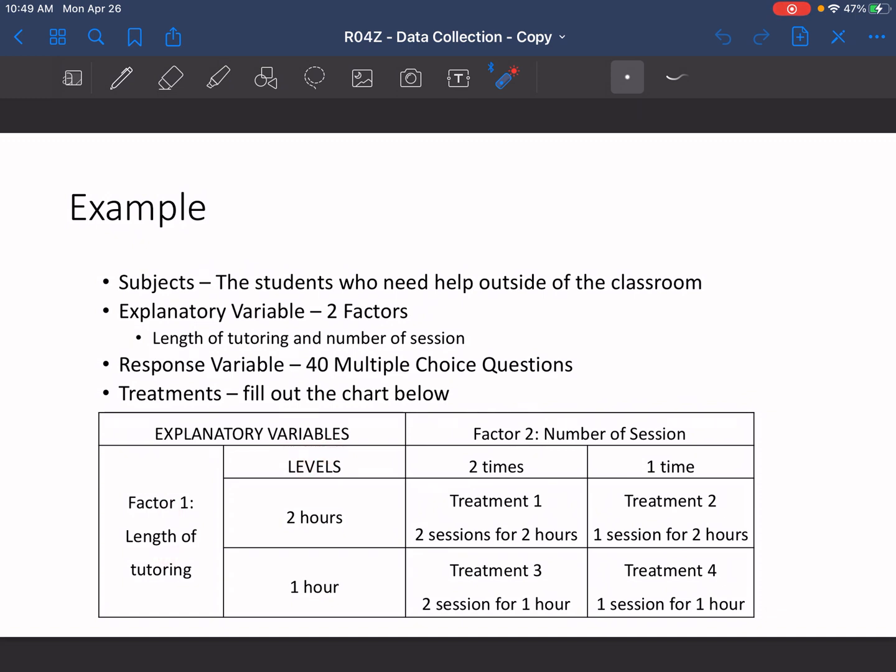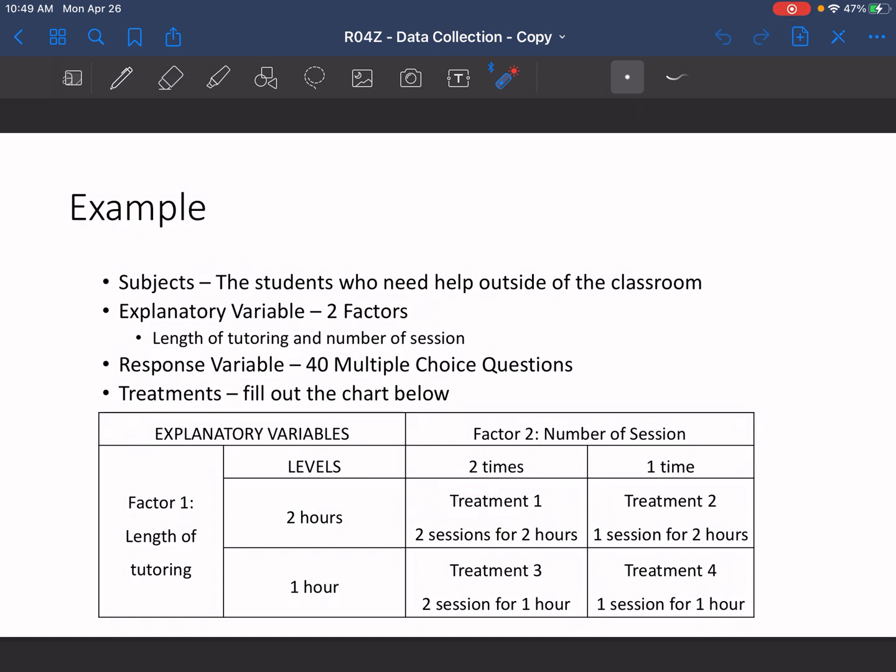Our levels are whether or not they go for 2 hours per session or 1 hour per session. And that's basically the levels of the length of tutoring. And then our levels for our second factor are whether they go twice or once in this case.